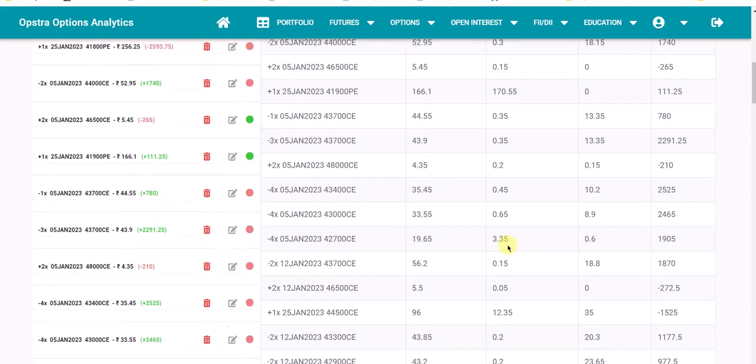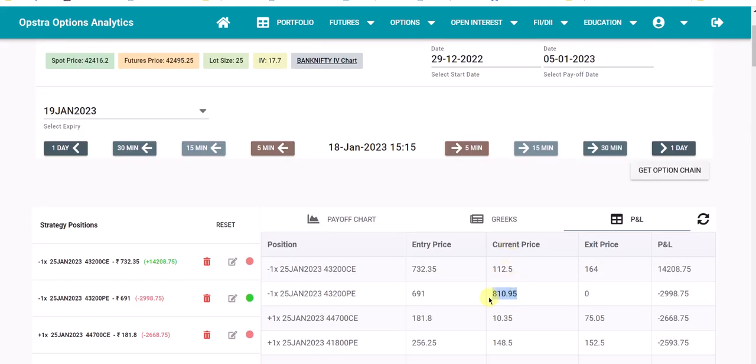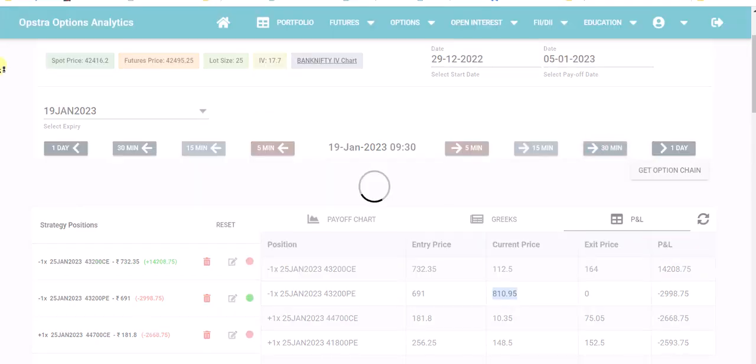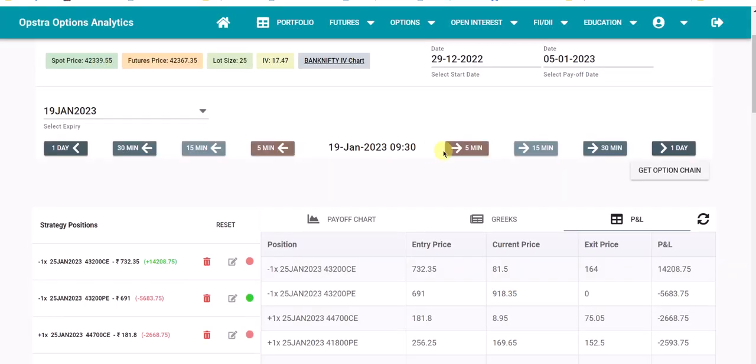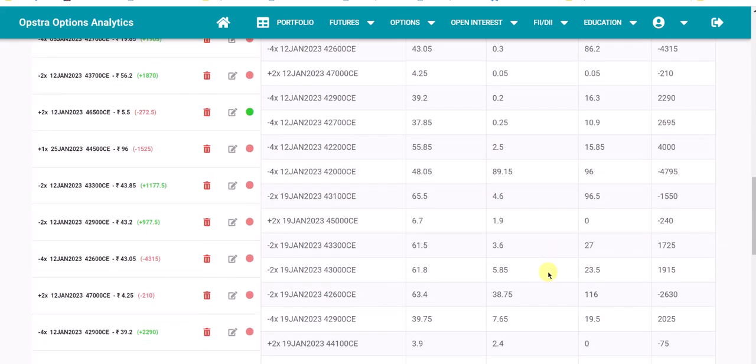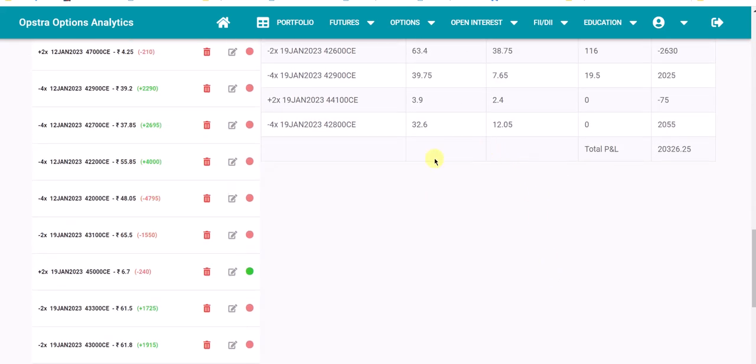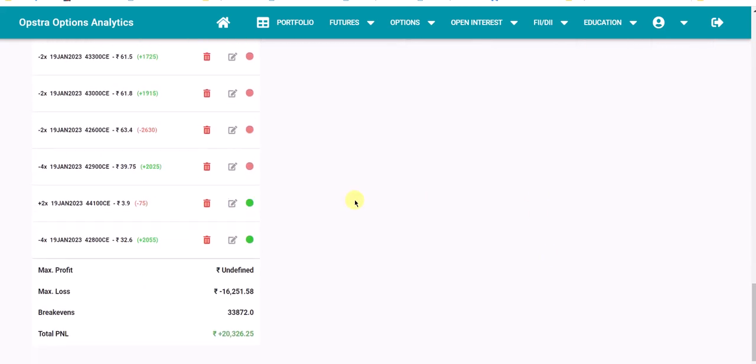And where is our option put? Okay, we have decent premium from that side. If it is below 15, I can exit and take 30 to 40 again.